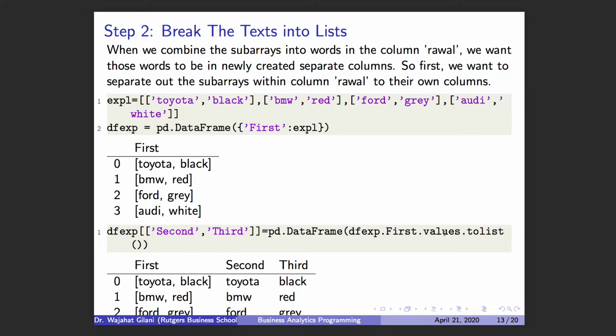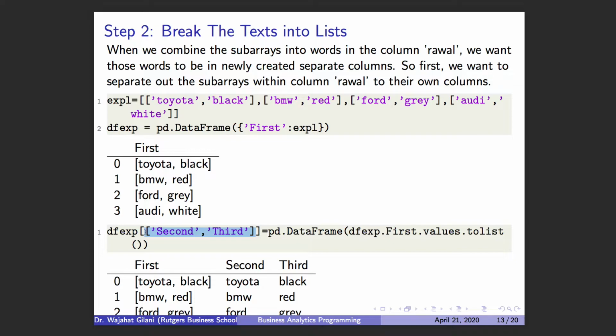Now that list is being set equal to what's on the left side of the equals. On the left side, I'm doing bracket, bracket, with 2 column names inside. Basically, I'm selecting 2 columns, and these 2 columns, second and third, don't exist. What's going to happen?